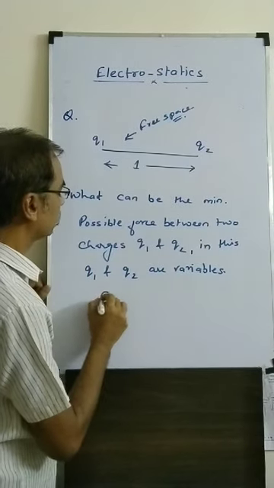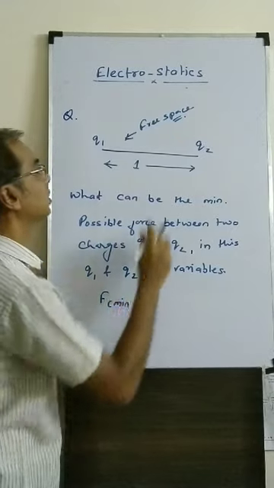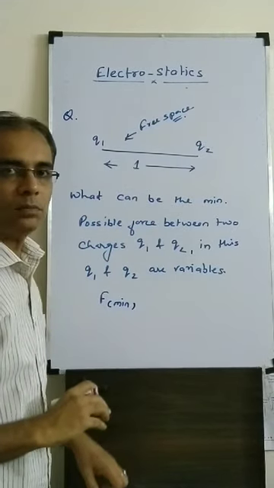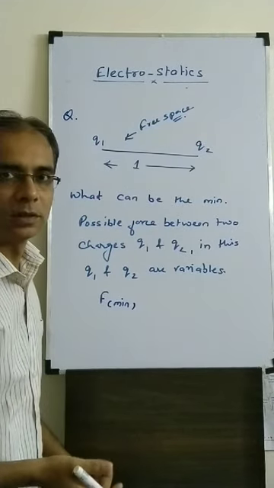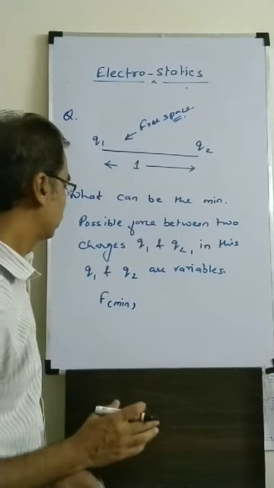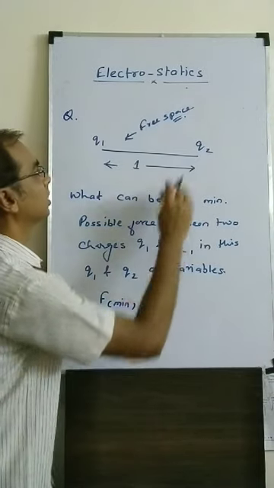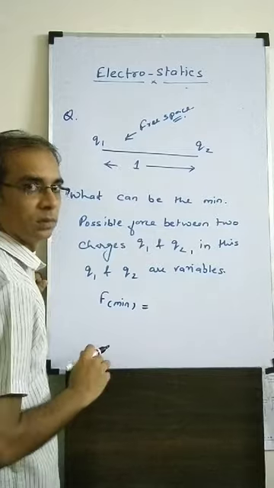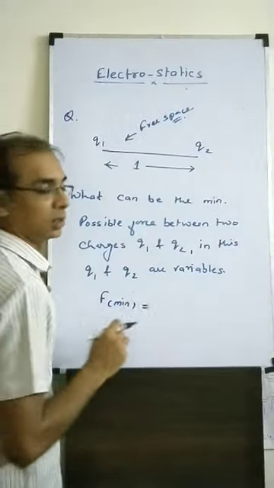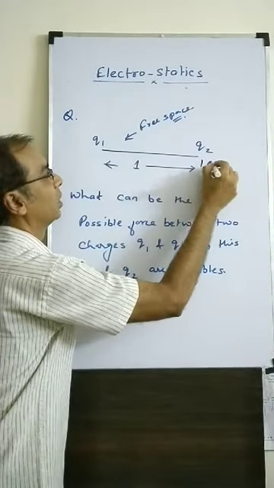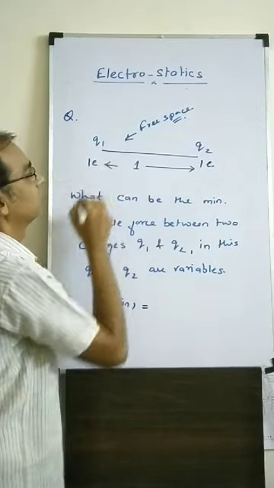Minimum force between the two charges is possible only when Q1 and Q2 are the smallest possible charges. Correct or not? So what are the smallest possible charges for Q1 and Q2? The charge of 1 electron. This also has the charge of 1 electron.